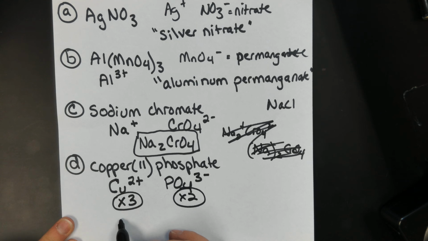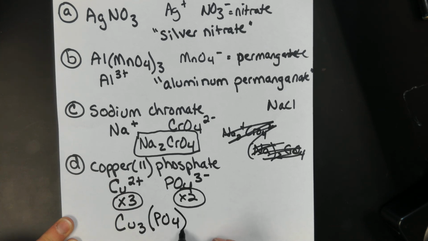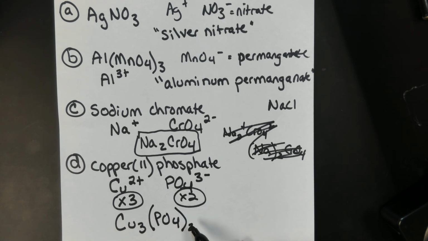So in the end, my formula is going to be Cu3(PO4)2. The 2 down here is because this is a polyatomic anion, and that means we have 2 of this whole PO4 phosphate. And the 3 is because we have 3 coppers. So this is the formula for copper 2 phosphate.